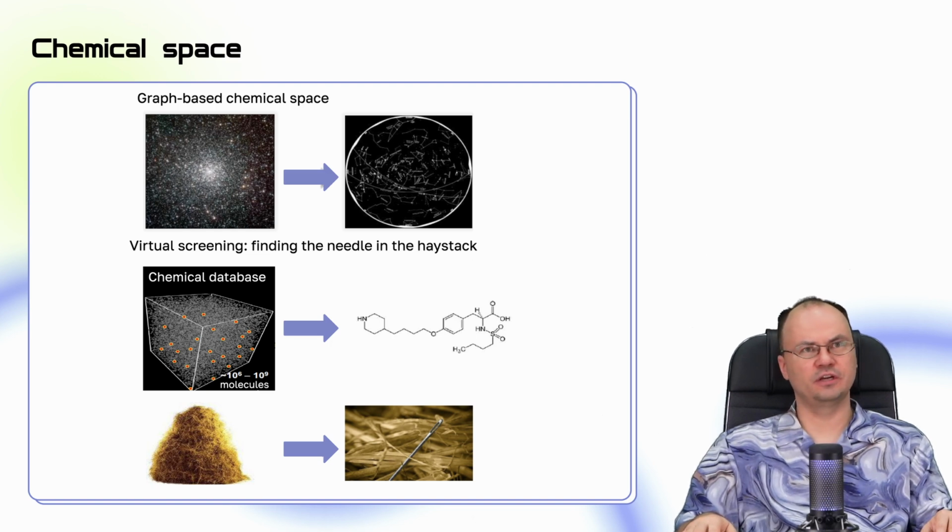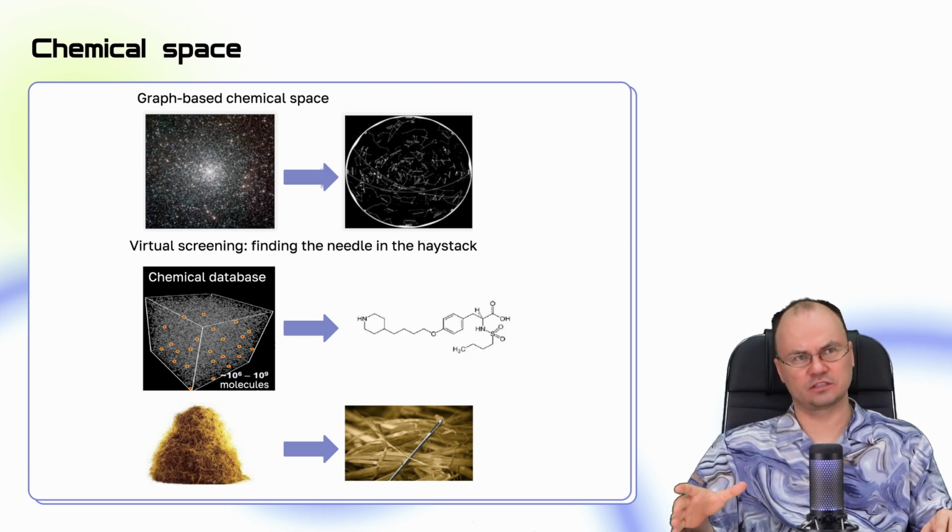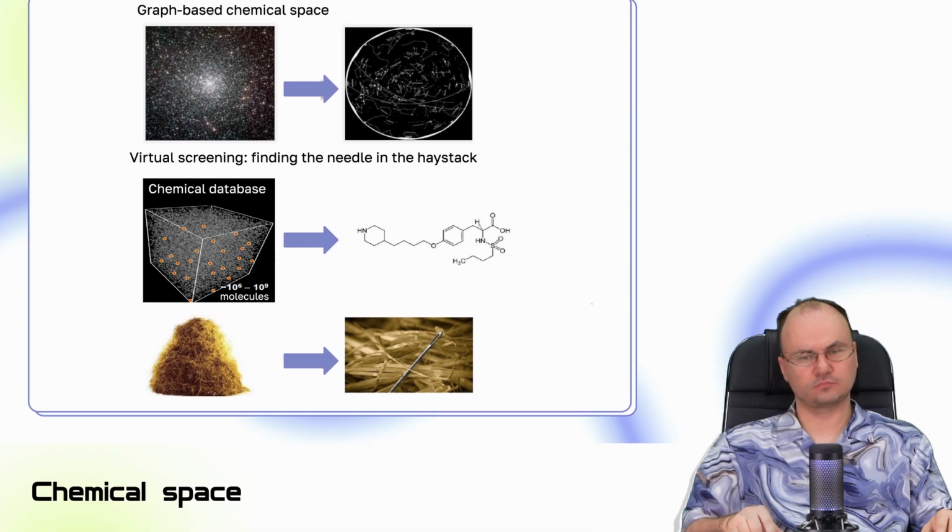As you can see here, the chemical space is vast, with a number of molecules from 10 to the 9th to 10 to the 14th power. And usually the task is like finding a needle in a haystack.